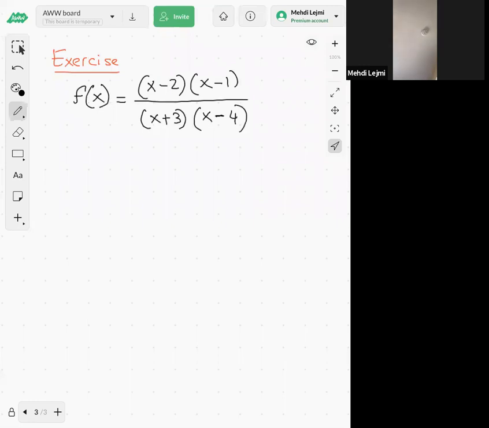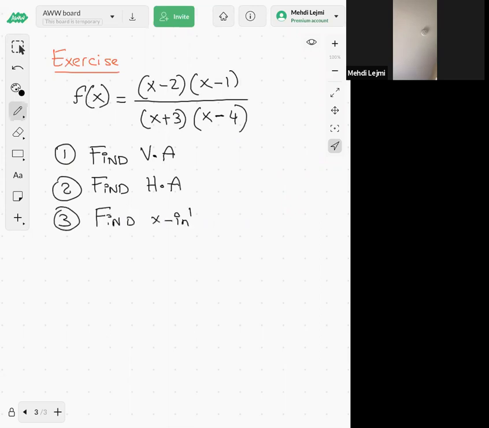Same questions. One, find the vertical asymptote. Two, find the horizontal asymptote. Three, find the x-intercept. Four, find the y-intercept. And then five, graph f of x.